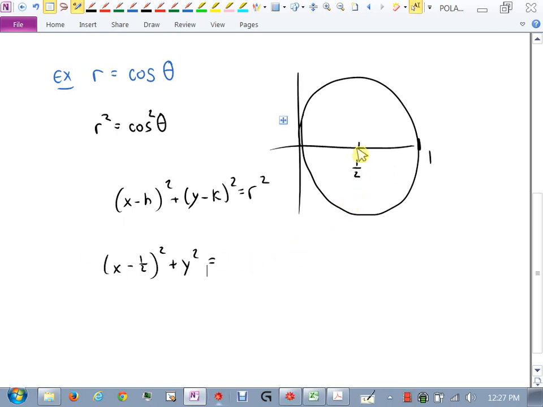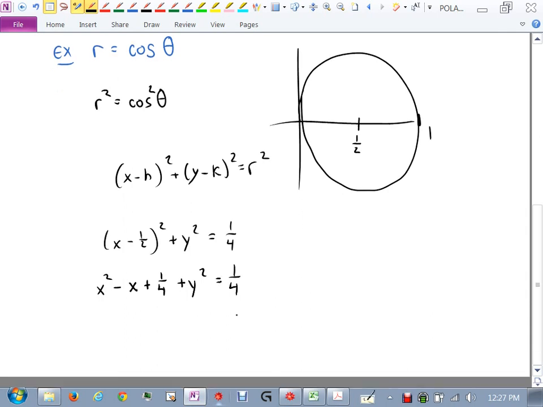The radius is 1/2, squared, you get 1/4. Now if I FOIL this out, I get x squared minus x plus 1/4 plus y squared equals 1/4. And the 1/4s cancel, and what you get is x squared plus y squared minus x equals 0.